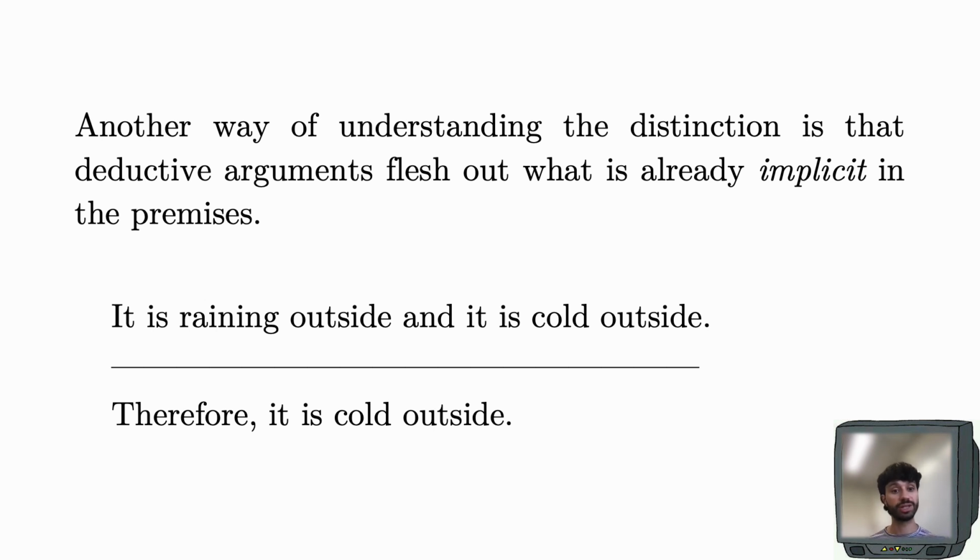If it's true that it's raining outside and that it's cold outside, it's impossible to conceptualize that it is not cold outside without reaching a contradiction in the premises. So to reiterate, in a deductively valid argument, everything in the conclusion is already stated in the premises in some way.